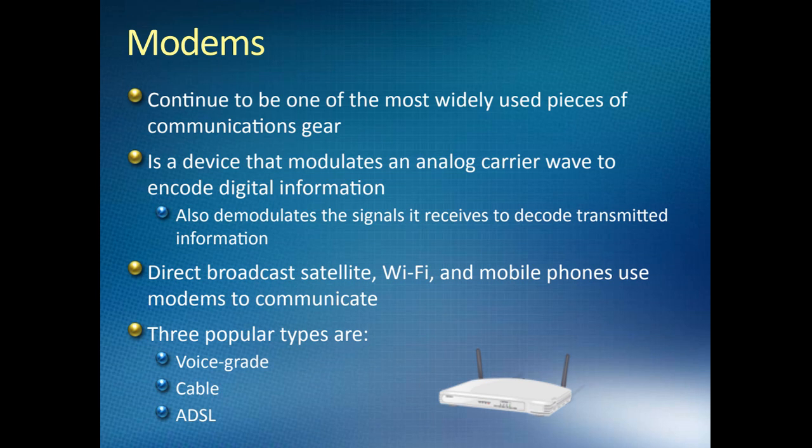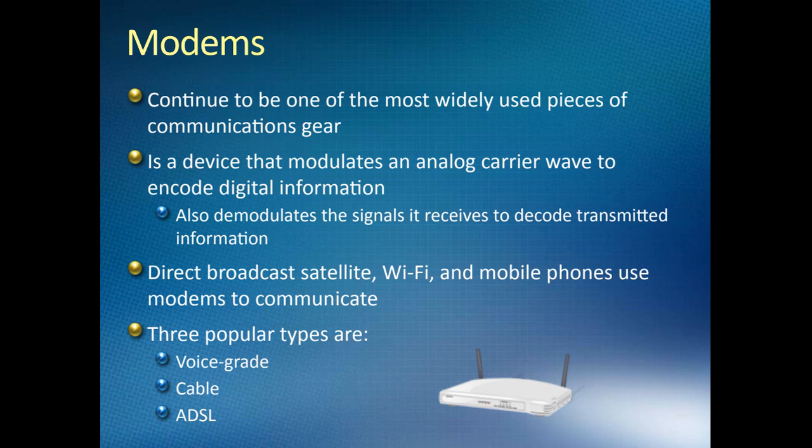We have different types of modems. Direct broadcast satellite is using it. Wi-Fi modems can be used for Wi-Fi, and mobile phones use modems to communicate. There are 3 different types of modems we will study here: voice grade, cable modems, and ADSL. ADSL, I think all of you know it.